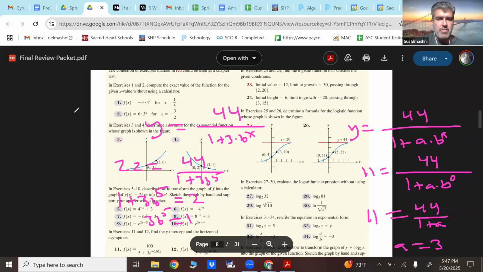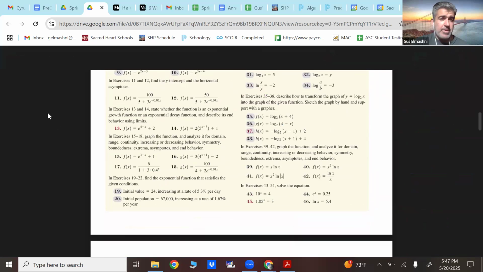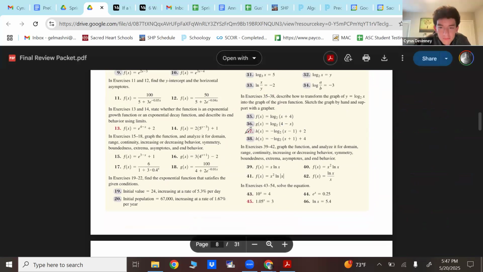Okay, so now let's move on to 32, 35. So do you know how to graph these? Um, the log base 2 of x plus 4.